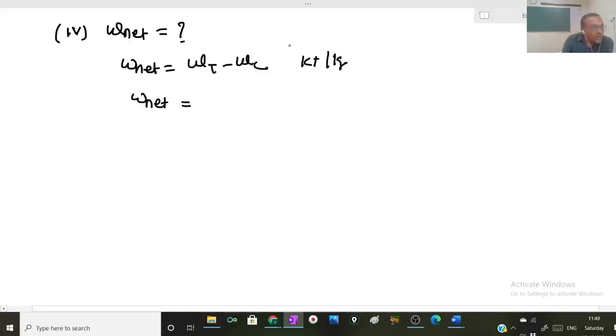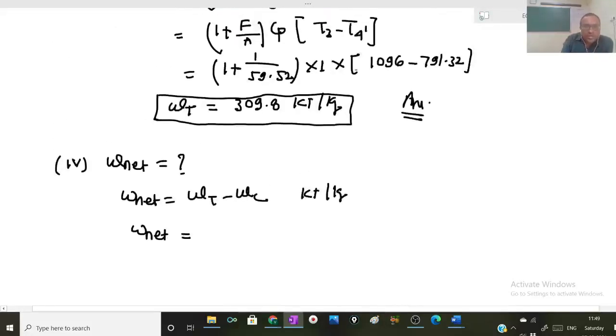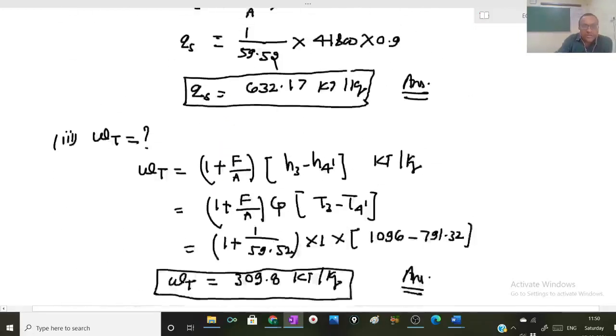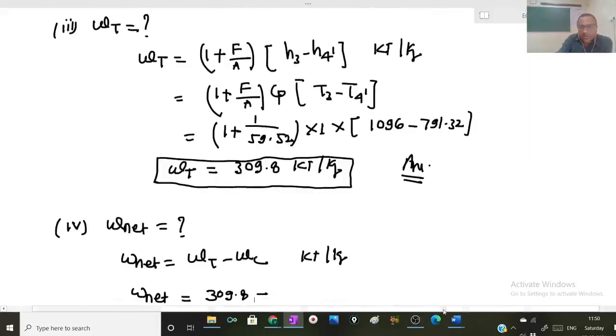Now we have the value of WT as 309.8 and compressor work as 182.24.